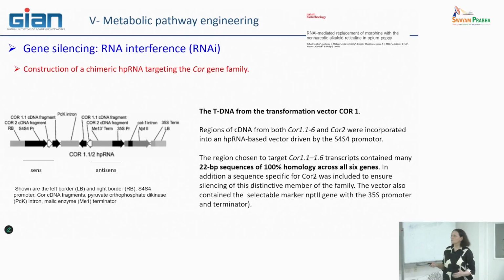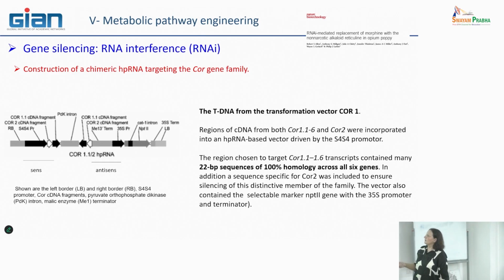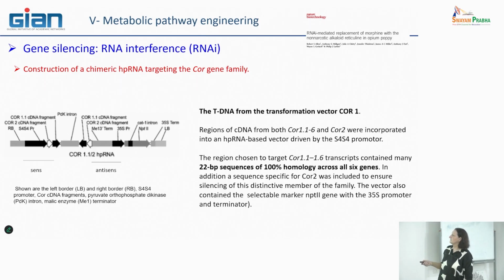Here is the construction. You see here sense and antisense sequences of the fragment of the cDNA corresponding to the core of the first class and the core of the second class. Okay, it was important to target both. Here is exactly the antisense sequence of the same fragment of cDNA.